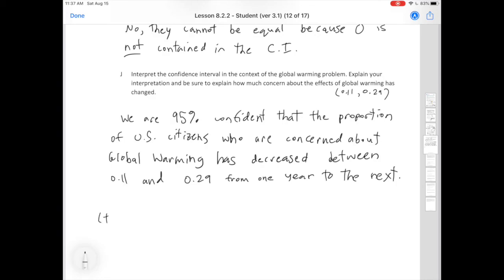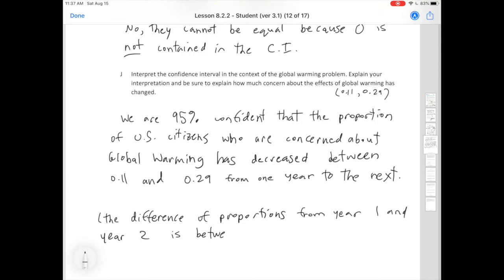Or we could say the difference of proportions from year 1 and year 2 is between 0.11 and 0.29.